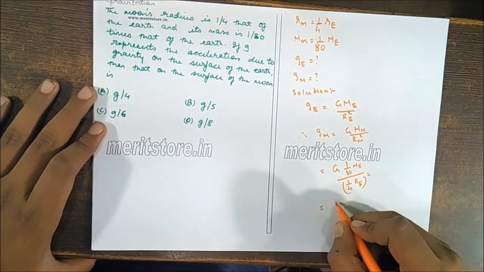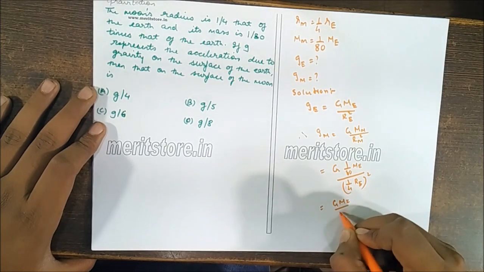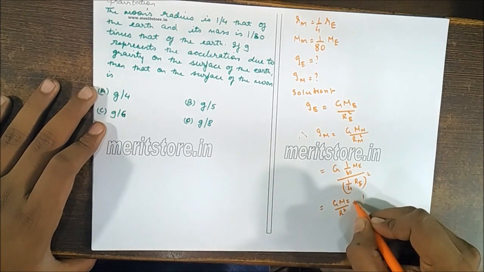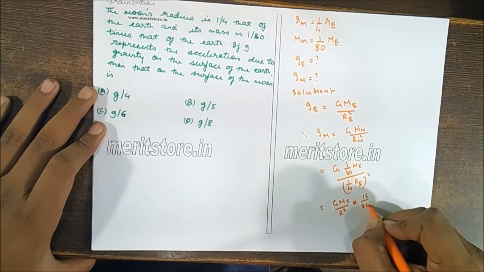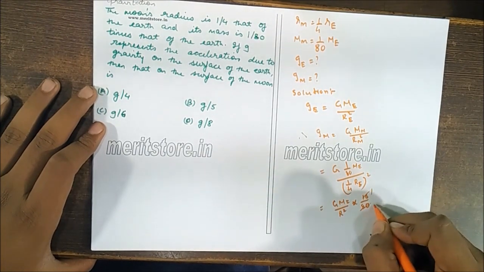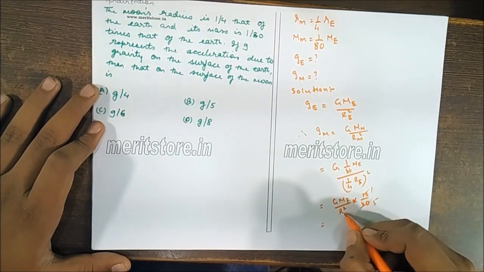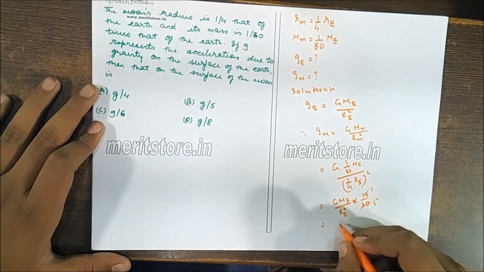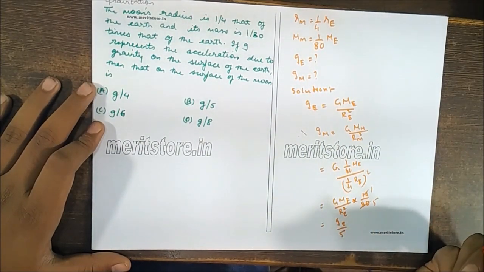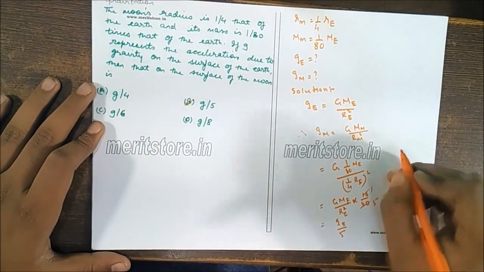So this becomes GME upon RE square into 16 upon 80. So 16 1 times and 16 5 times. So GME upon RE square is g. So g upon 5 is the answer. And what would we have marked? That is g by 6, which was the wrong answer.